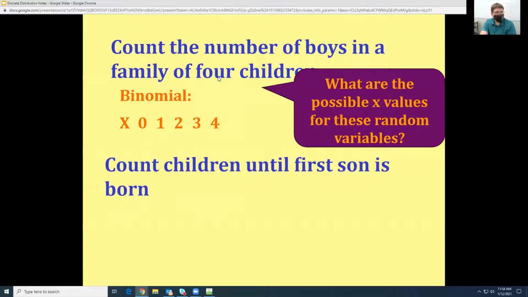With geometric, the question then becomes, count the number of children you have until that first son is born. So there's not a limit on how many children I can have here. And so this becomes geometric because it could be the first kid, or it could take until the second, or the third, or the fourth. You ever see really big families?